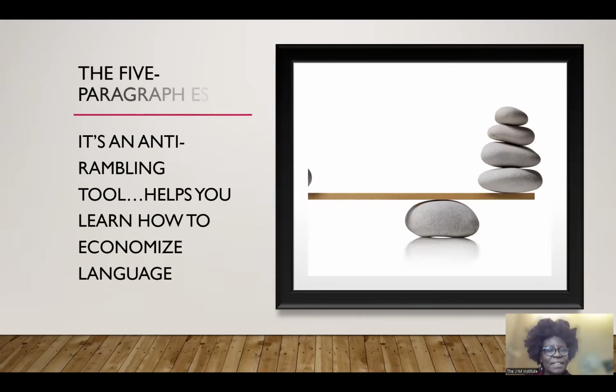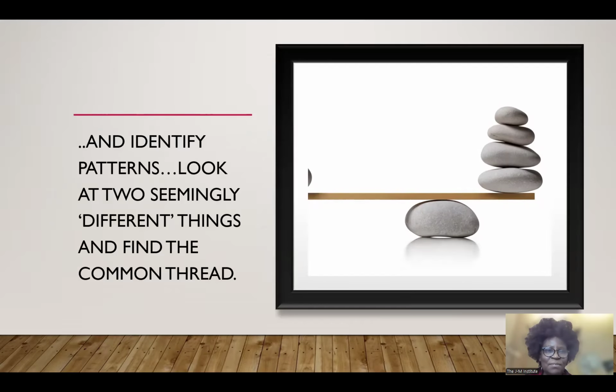Well, it's actually an anti-rambling tool. It helps you to learn how to economize your language, which is a 21st century skill that you need in the workplace in this world that we live in now when it comes to working.